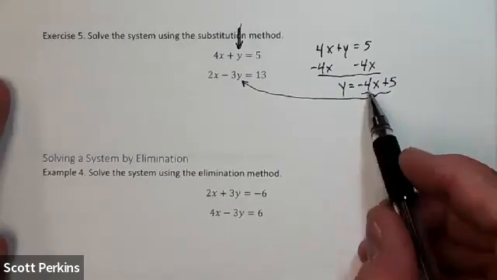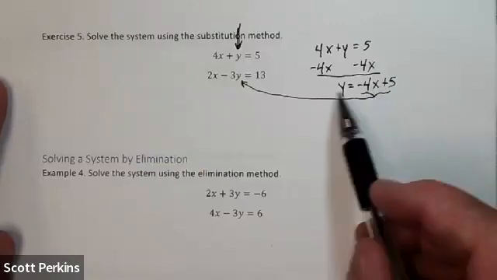Right, so I'm going to take the negative 4x plus 5. I'm going to plug it in for y in the second equation.